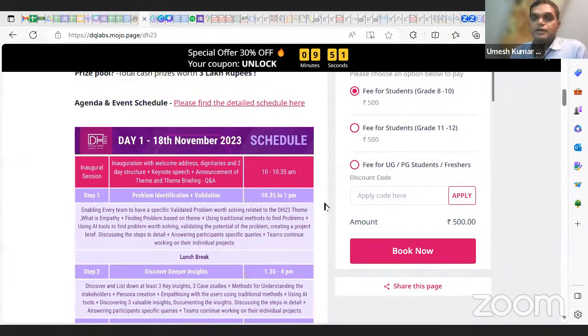They need not have used Chat GPT before. We will tell them how to create an account and how to access it, what Chat GPT is, and the ways we can harness its power and apply it to design thinking. Everything will be taught step by step.